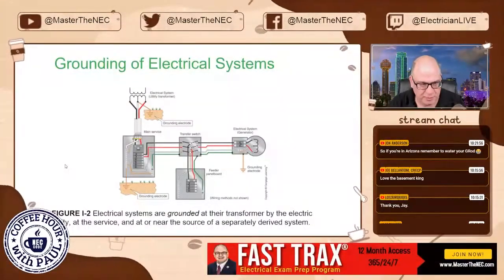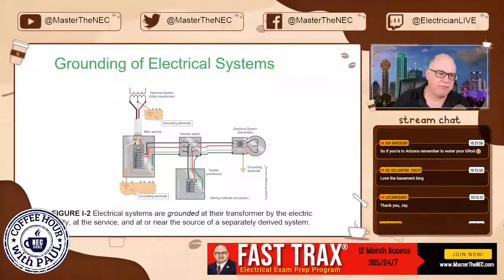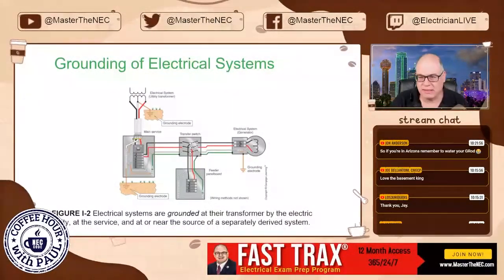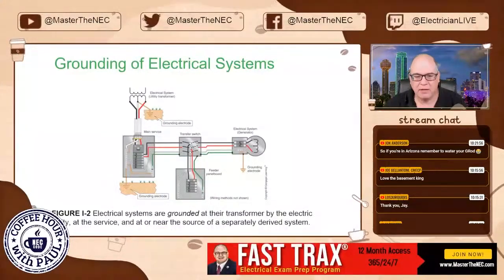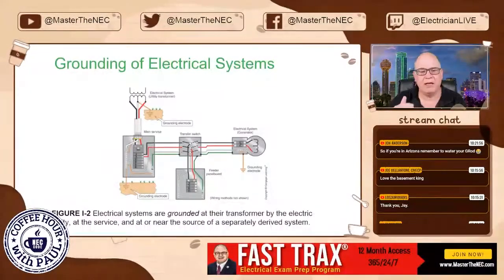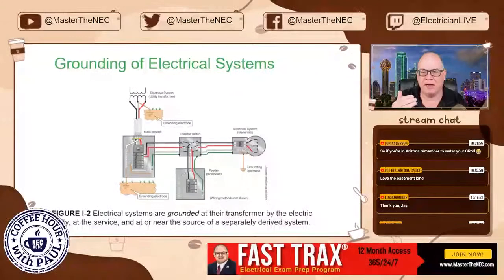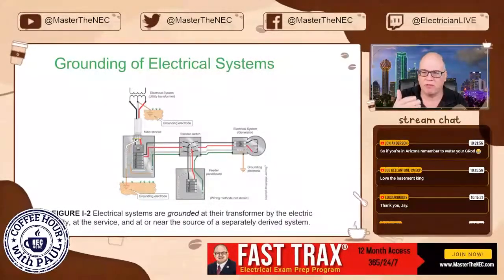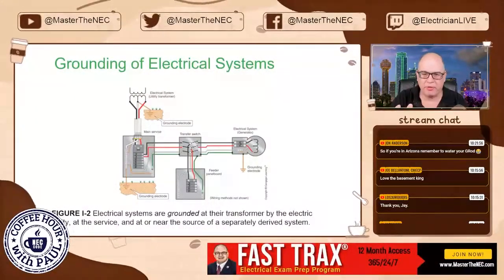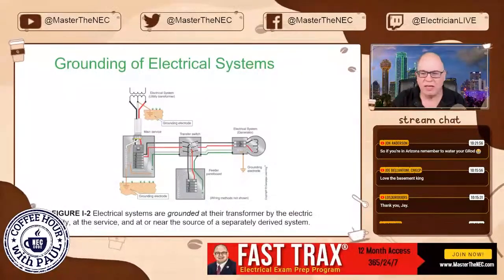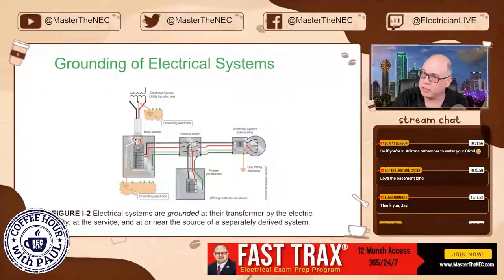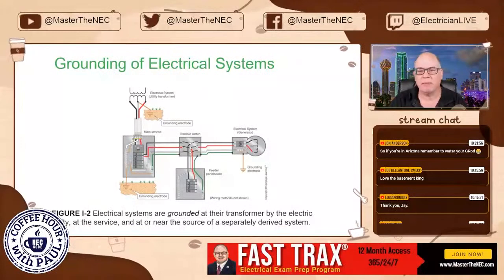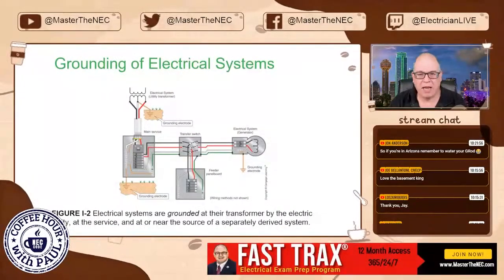I had somebody ask me over on TikTok if our programs have graphics. Absolutely, we have graphics. And these graphics are designed by Phil, who I worked with when we wrote this book. He's the primary author of this book. Phil's been around for decades. He wrote the original SOARS book for IAEI. So he's been around the block, right?